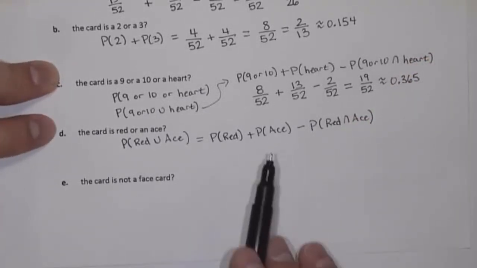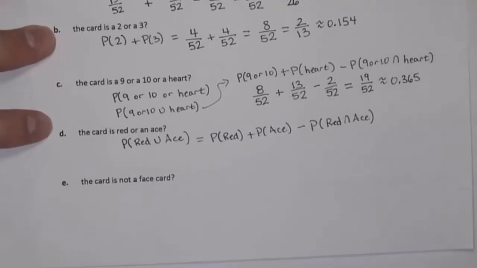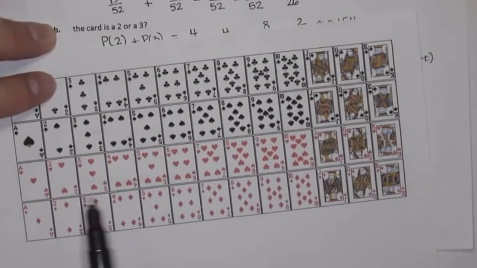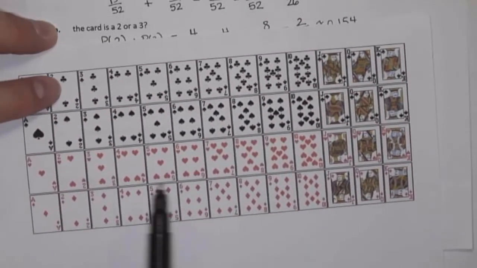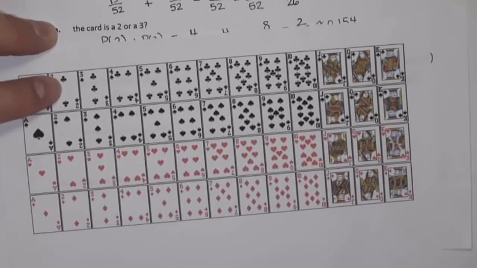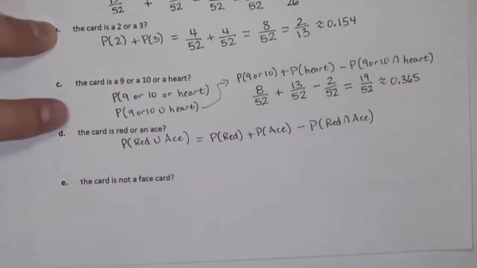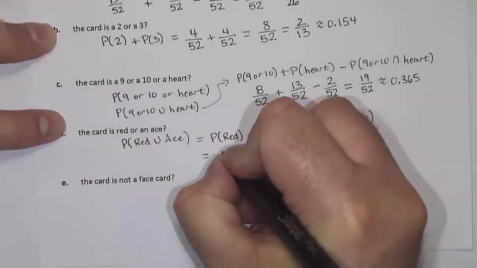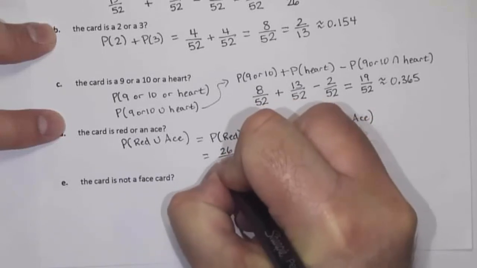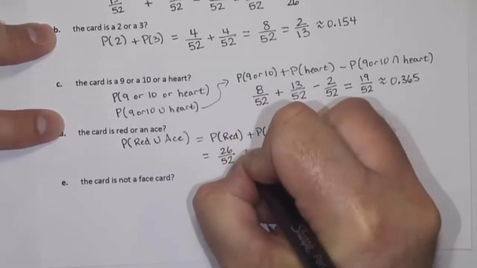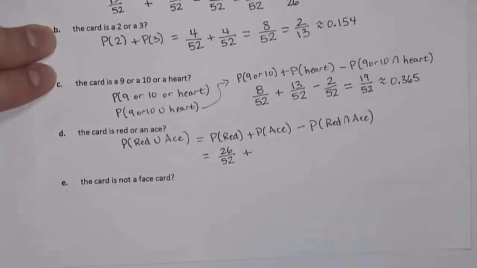Well, how many red cards are there? Well, again, if we just take a look at our standard deck, half of the cards are red. So the probability of being red is half, or 26 out of 52. So 26 out of 52 plus, what's the probability of being an ace?